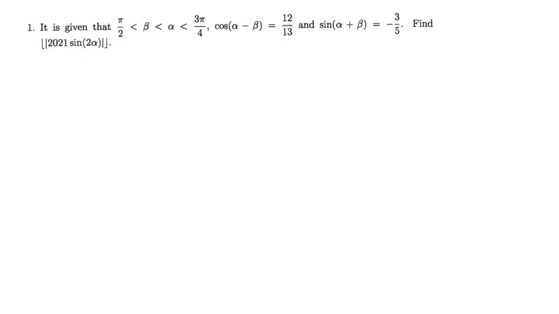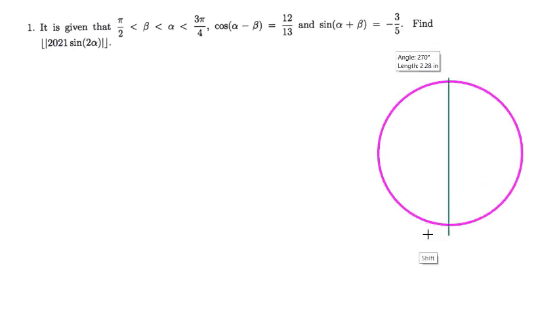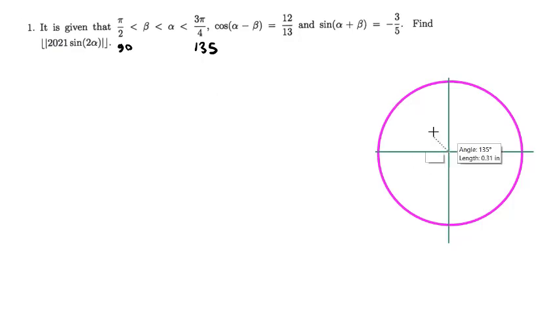At first we draw a unit circle to consider alpha, beta, alpha plus beta, alpha minus beta. Beta is greater than 90 degrees, and 3 pi over 4 is 135 degrees, which is exactly this point. Alpha is greater than beta, so for example, beta is here, greater than 90, and alpha here.